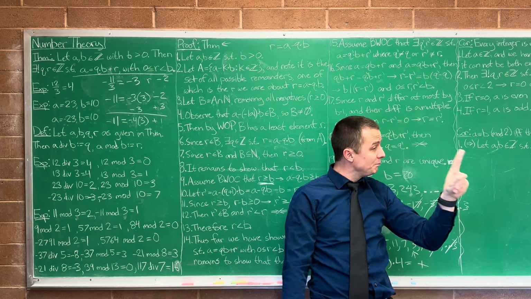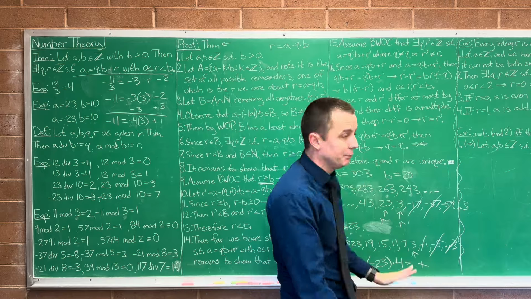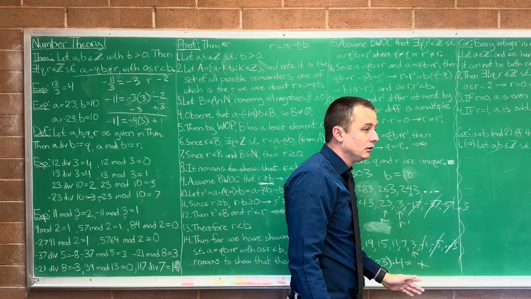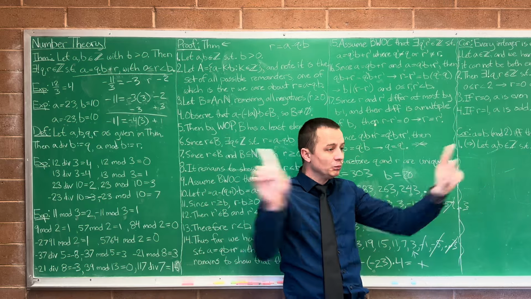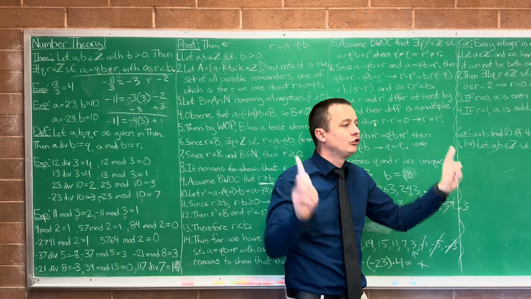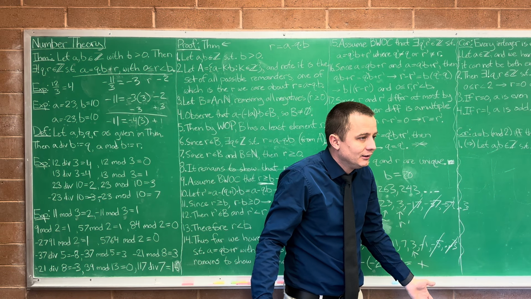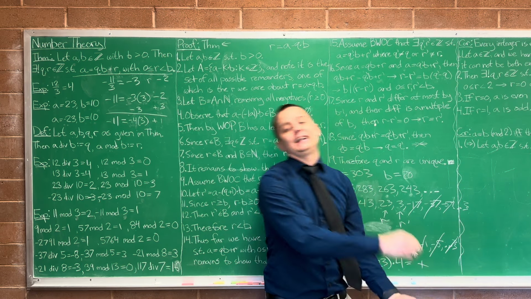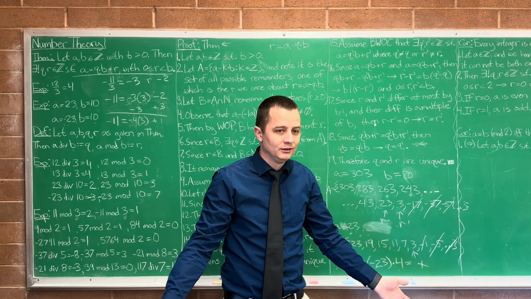So they can't even be 1b apart. But I also know that they have to be an integer multiple of b apart. So you have to be some integer number of b's apart, but you can't even be 1b apart. So how many integer multiples of b can you be apart? 0. It has to be an integer multiple of b, and it can't even be 1. So how many b's apart can you be? 0 b apart.